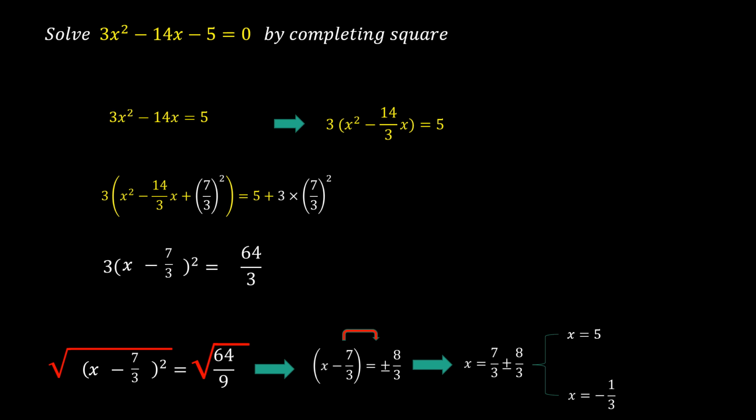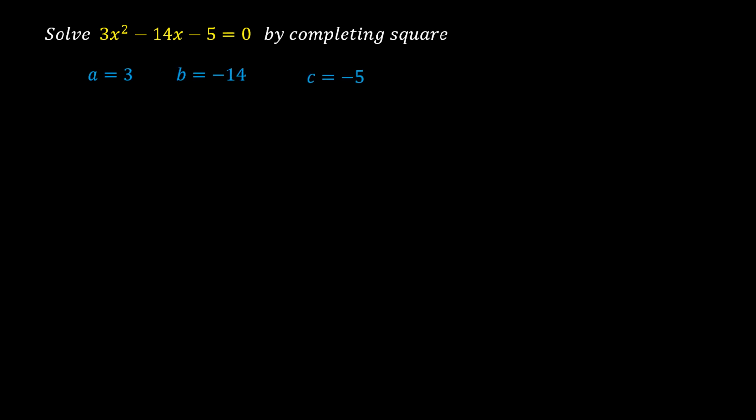All right, so can I directly use the formula to get the answer? Okay, the same example, but now I will directly use the formula for completing the square. These are the values for a, b, and c, which are 3, negative 14, and negative 5.